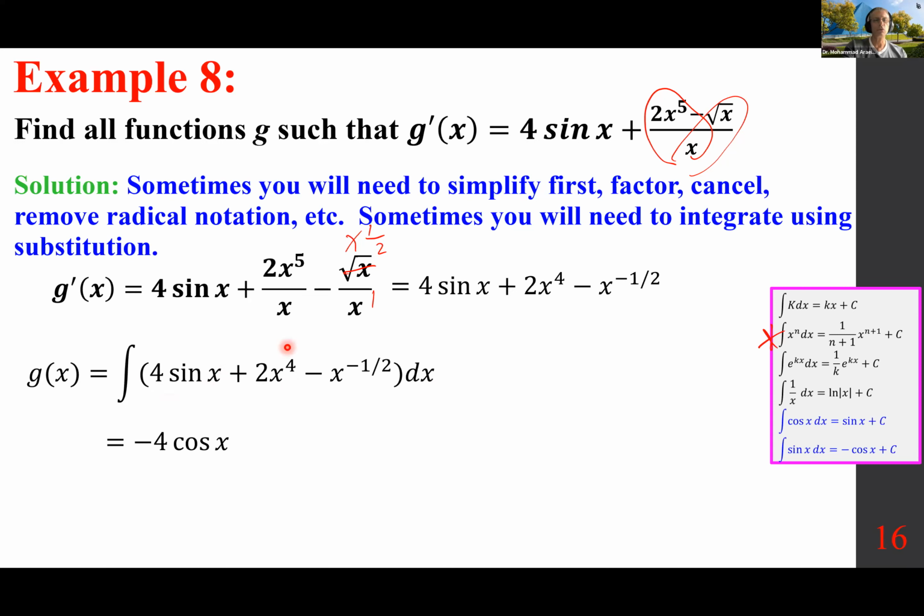For 2x to the power of 4, we are going to use the power rule. We add 1 to the exponent and divide by it: 2 over 5 times x to the power of 5. We do exactly the same thing here, with the minus. We add 1 to the exponent, divide by it, and raise x to that power. So 1 over negative 1/2 plus 1, x to the power of negative 1/2 plus 1, and we keep the negative sign. So what happens?